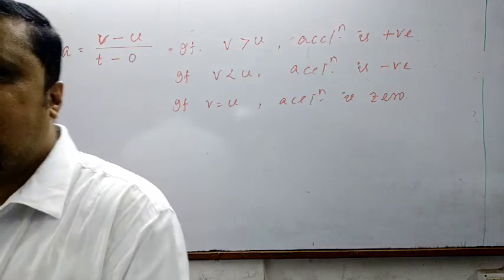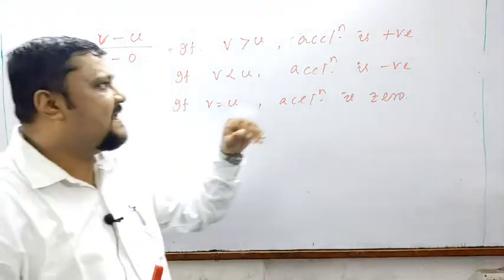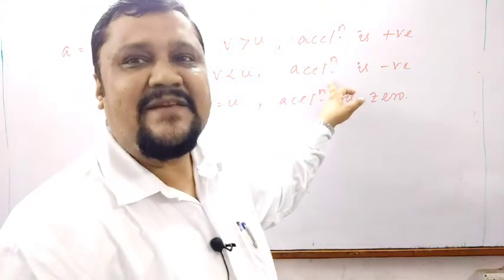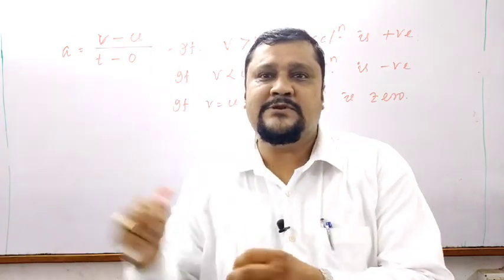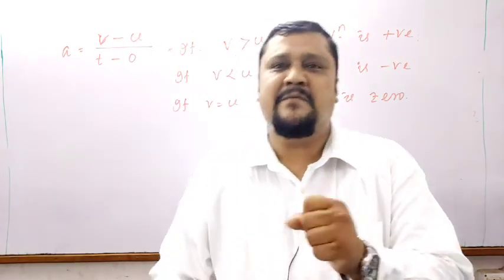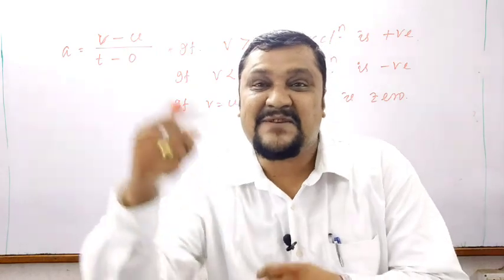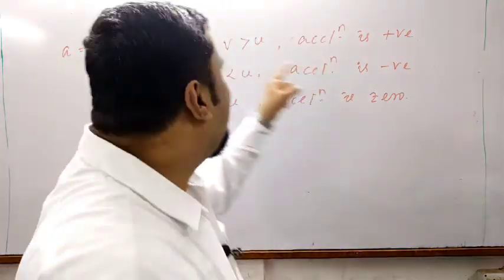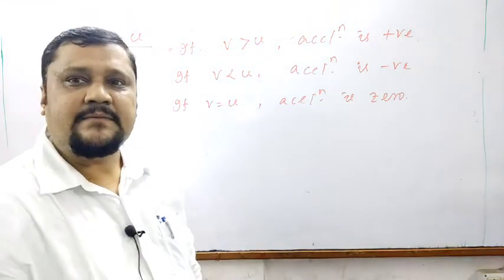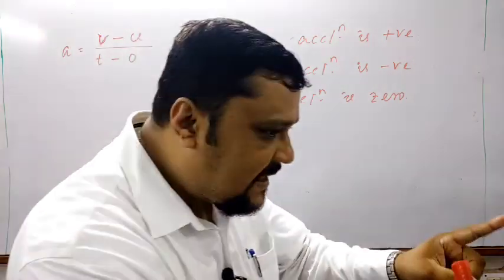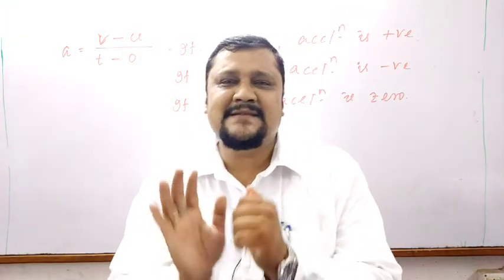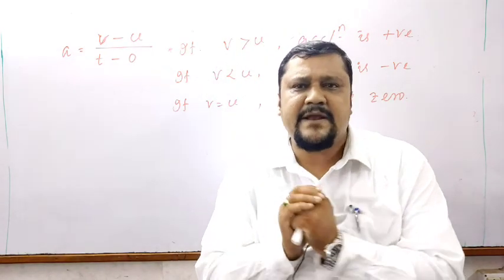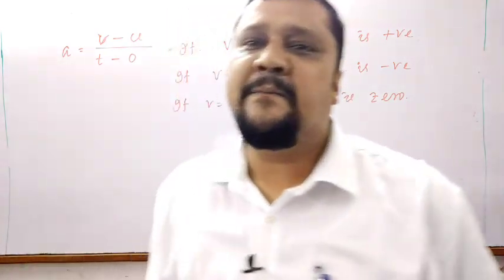So in that case, the child has a negative acceleration. But when he comes from the school to his home, he runs very fast, which means his velocity increases. So acceleration is positive. When he goes towards school, velocity decreases, so he has negative acceleration. When he goes towards home, it is positive acceleration.